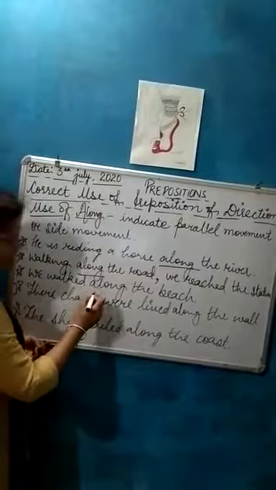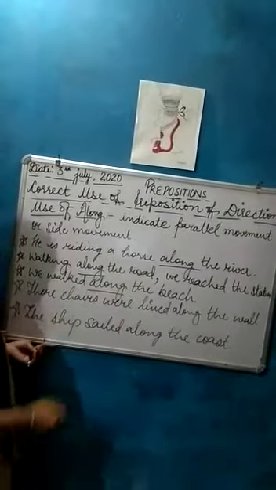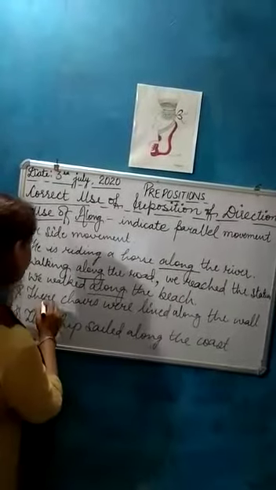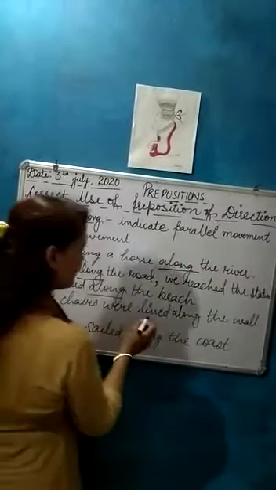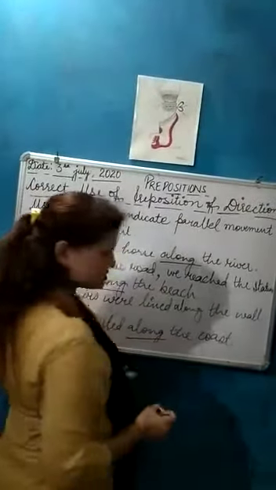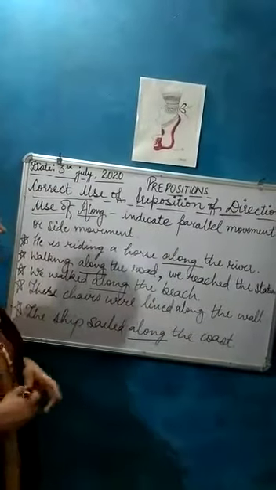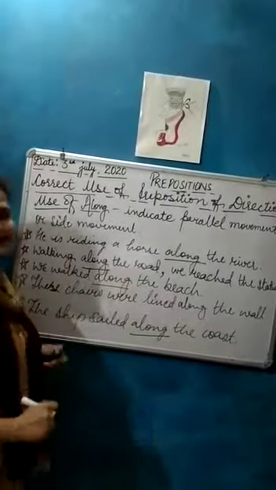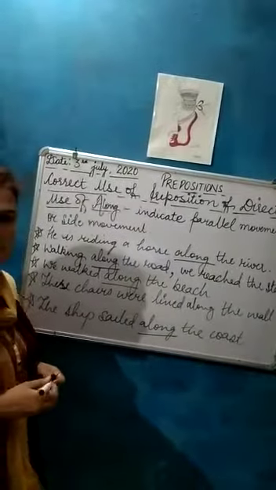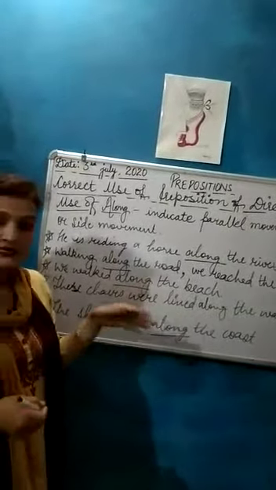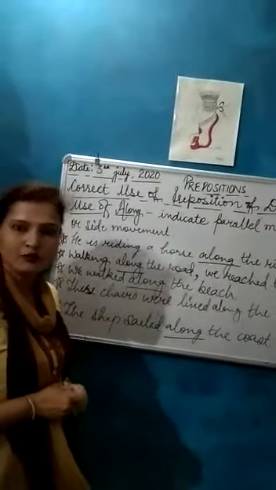We walk along the beach. These chairs were lined along the wall. The ship sailed along the coast. Here, in all these examples, we use along as a preposition, and it indicates parallel movement or side-by-side movement.